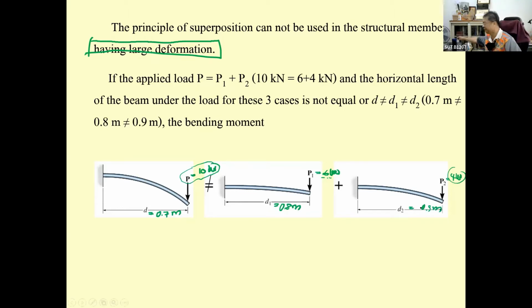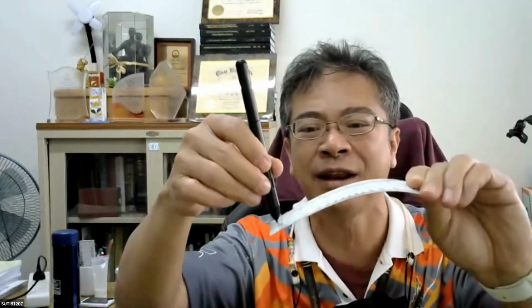What I'm saying is, if the force is large enough to produce very large deformation, this is going to be 10 kilonewton, and the horizontal distance is reduced to 0.7. But when you apply a smaller force, 6 kilonewton, this is maybe 0.8.